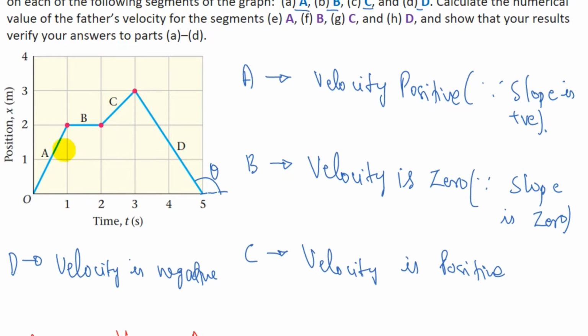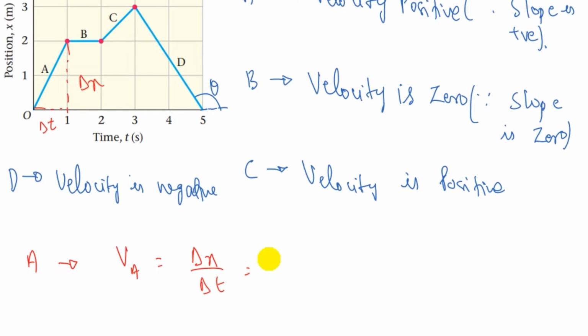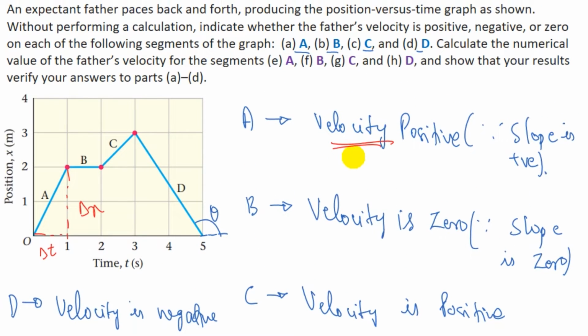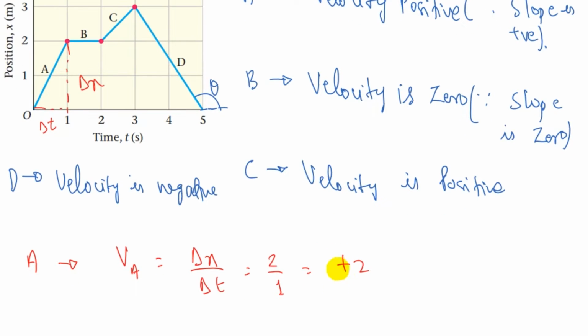Let me show it on the figure first. This is delta x, this is delta t. So delta x we have 2, so 2 divided by 1, which is equal to plus 2. Same thing we have indicated here also. The slope is positive, and here also the velocity comes out to be positive.